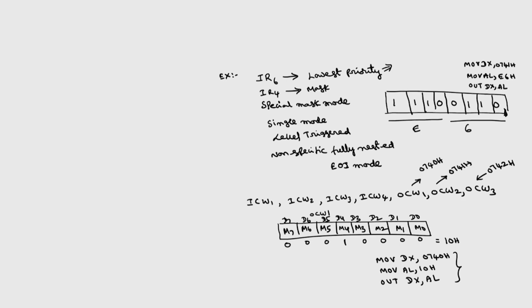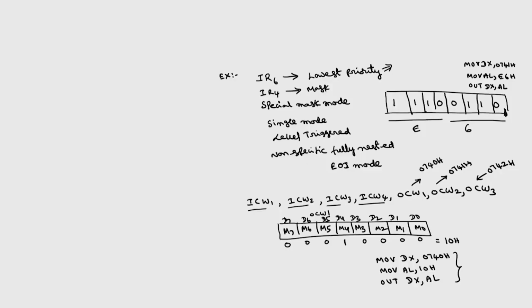So like that we can initialize these registers. Similarly, you can take the formats of ICW1, take the corresponding addresses, and based on the specifications we can generate the hexadecimal equivalents of ICW1, ICW2, ICW3, ICW4, and load those values into the corresponding registers using similar types of instructions.